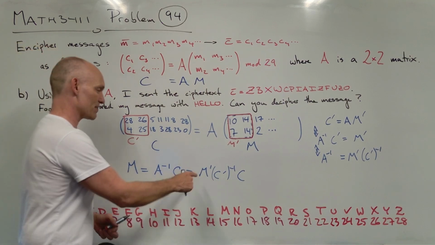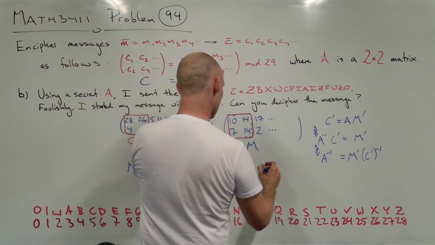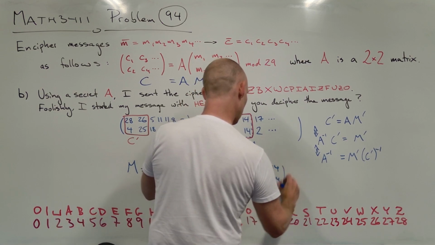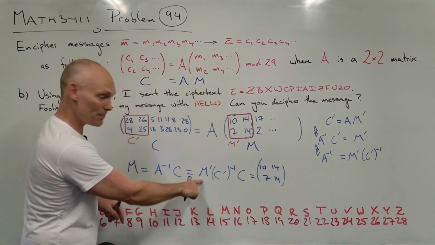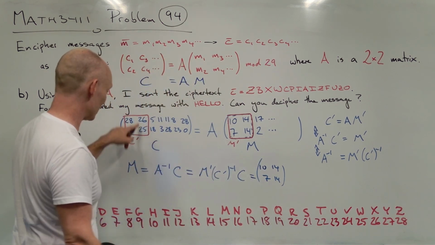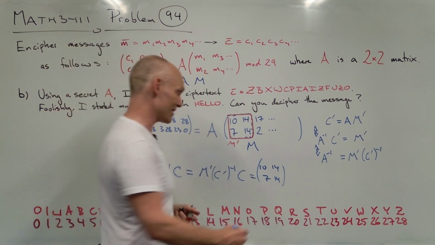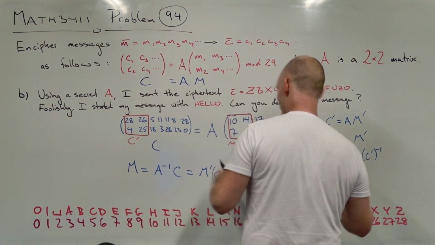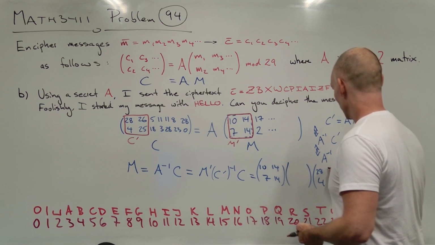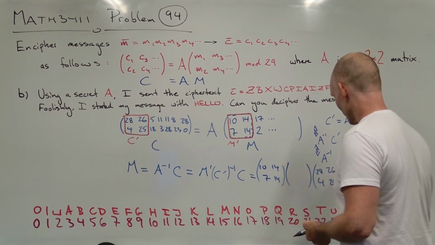We know the message there, so that's equal to this 10, 14, 7, 14 little matrix, that was M prime. Now we've got to figure out the inverse of that matrix there, and then we've got to multiply it all by this big matrix over there, which I won't draw all up, but 28, 4, 26, 25, and so forth, dot, dot, dot.